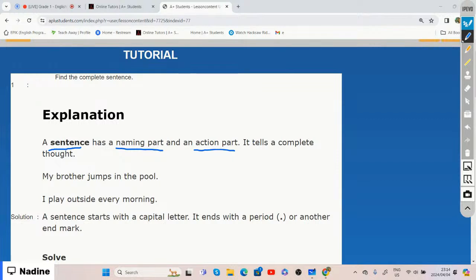And a sentence that has both a naming part as well as an action part can tell a complete thought.